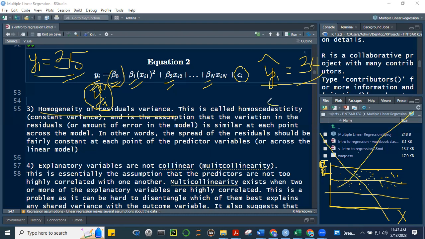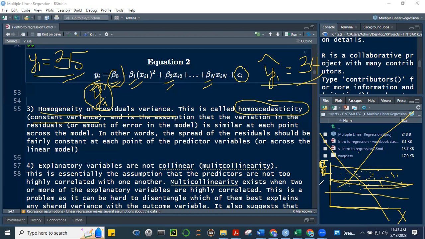In other words, the residual should be homoscedastic. When we say homoscedastic, it means constant variance and constant mean. Here, if we get the average of these residuals, notice that the mean is constant. Also, the variance is constant.